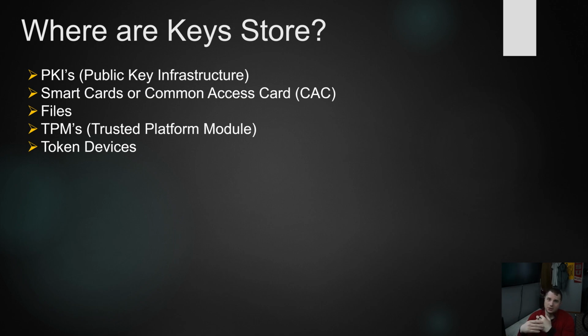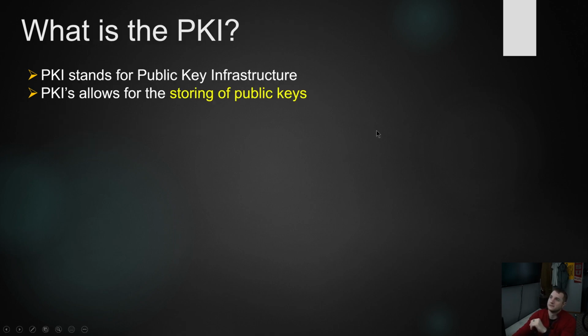That can be a token device like a fob. That can be a TPM module like Apple's been doing lately, or what Windows is trying to push for with Windows 11, where, hey, you need this TPM module on your device. So it's, in theory, more secure, all right?